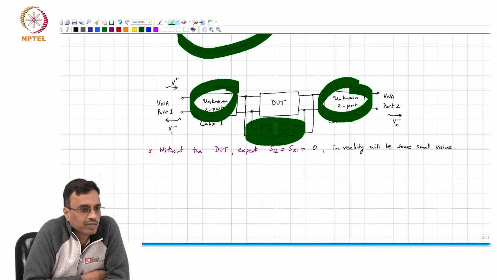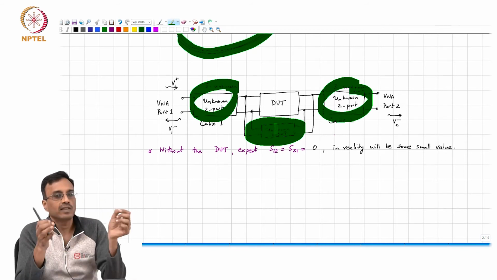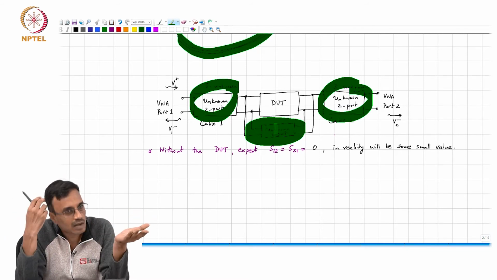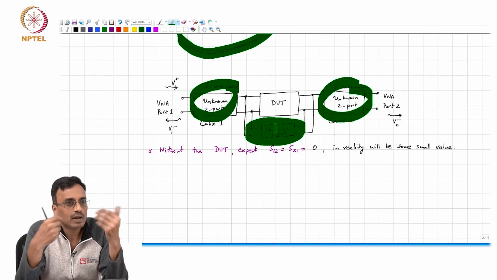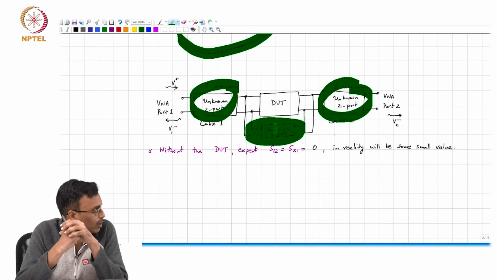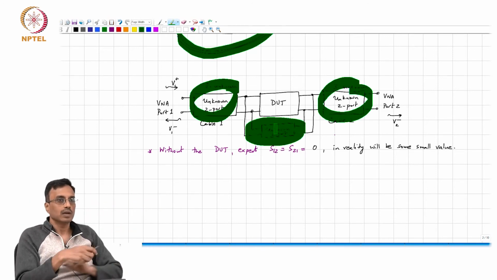At low frequencies, of course, everything is isolated. But as frequency becomes higher and higher, capacitive impedance becomes smaller, and between any 2 points there is some capacitance, and at sufficiently high frequency, the impedance of the capacitance keeps reducing. So as frequency keeps increasing, the isolation between 2 ports which are supposed to be isolated will not be infinite, and you can model that as an unknown 2-port.